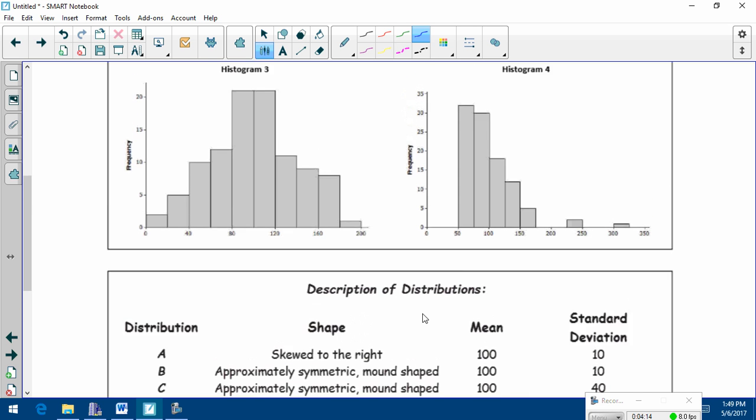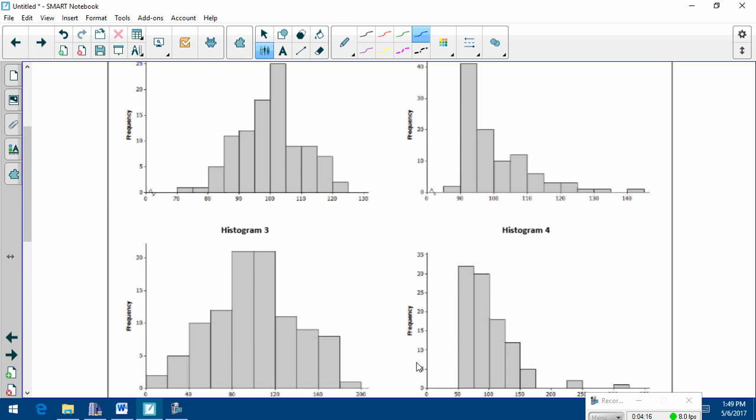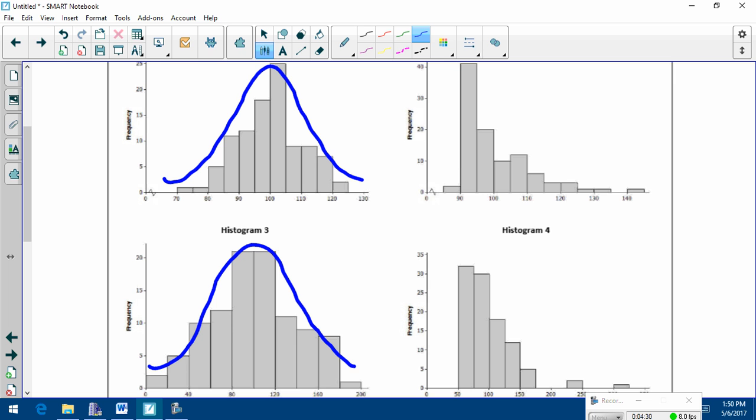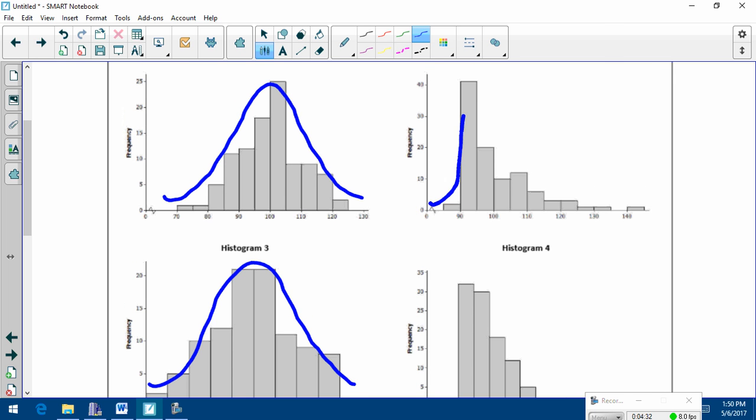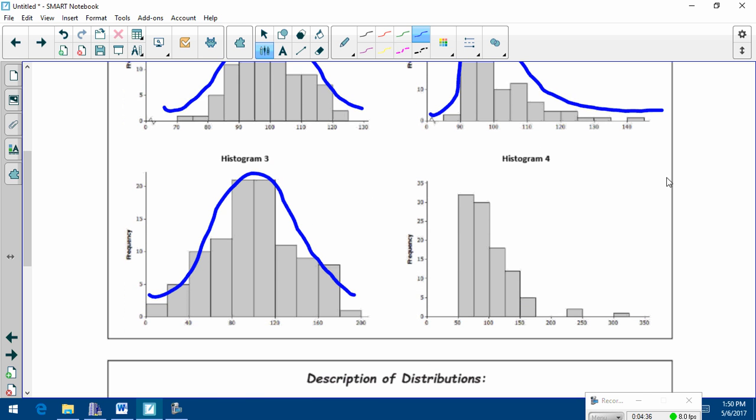Okay, so we can at least look at these and say which ones look approximately symmetric, which ones look skewed. Hopefully you see that that one's fairly symmetric, maybe a little bit more data on the left, but fairly symmetric. This one I'd say is even more symmetric. These two are skewed to the right because most of the data is over here on the left. There's a little bit pulling it to the right.